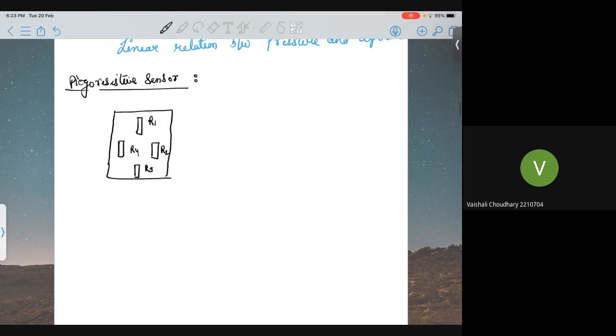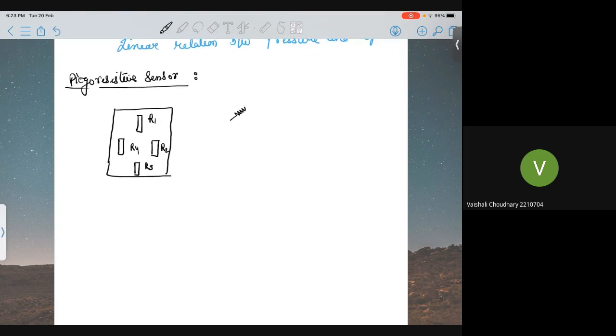So when we form these resistors in a Wheatstone configuration, and taking output here, this is the applied input voltage.